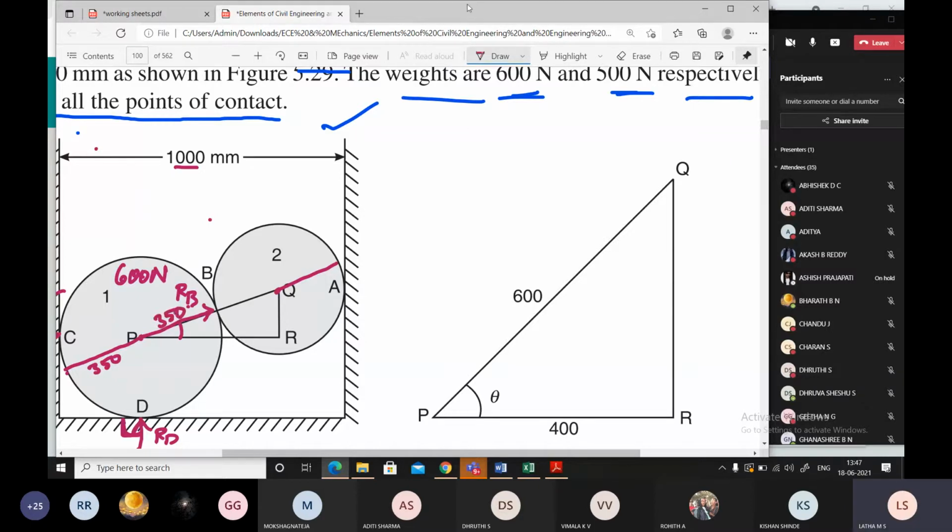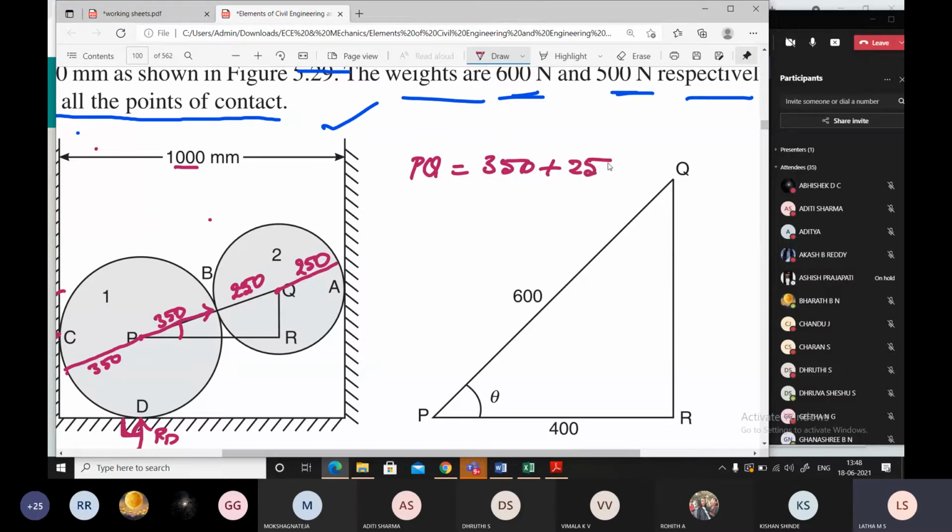What about this portion? Total diameter, just before you said, is 700. So this is 250 and radius 250. So what is the length of PQ I get? 600, ma'am. PQ is equal to 350 plus 250.